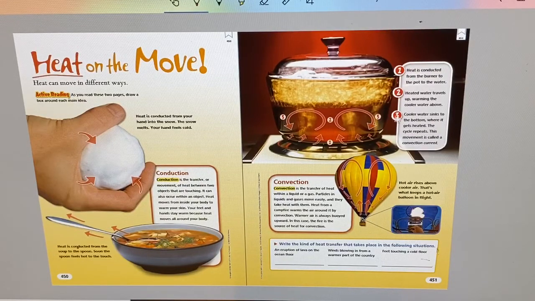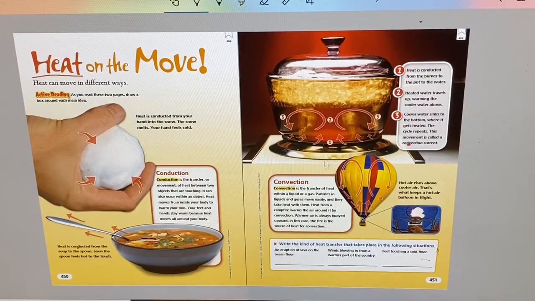Number 3, cooler water sinks to the bottom, all right, where it gets heated. The cycle repeats. This movement is called a convection current. See, we call it convection with V. Why do we call it convection? Because heat moves, but within liquid, all right?